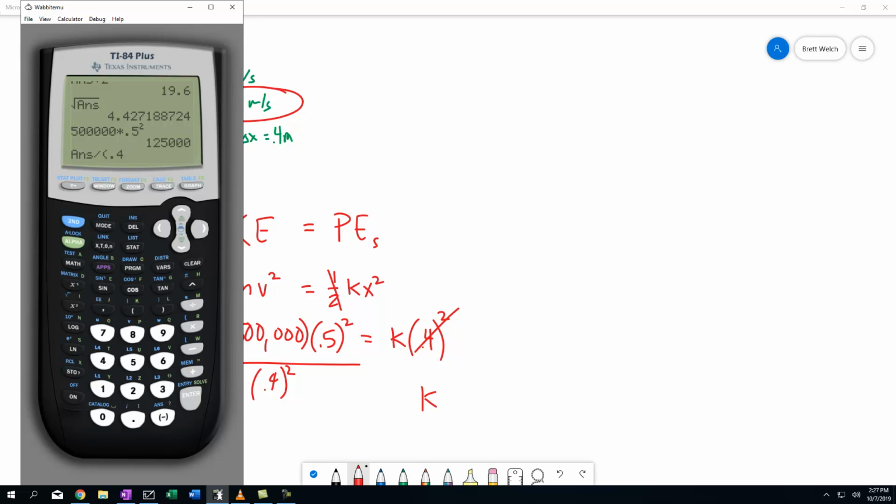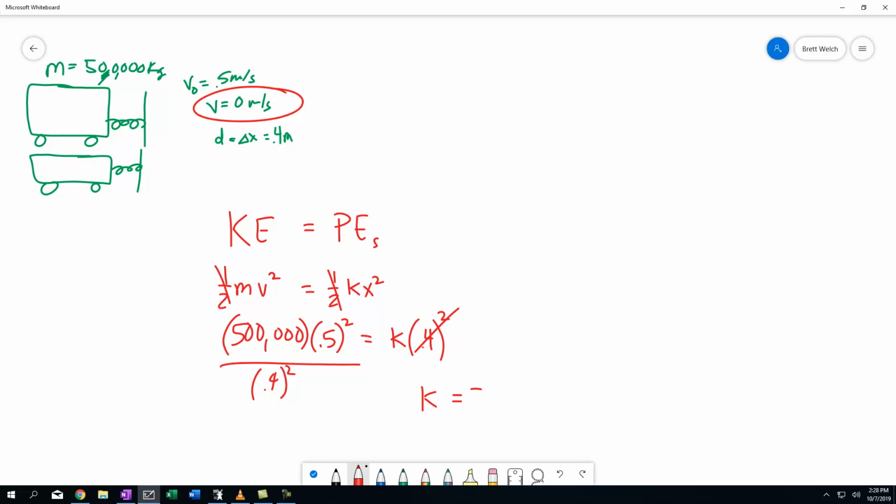I could do it on the outside of the parentheses; it doesn't really matter. If it was negative, it would matter a lot more. I'm just trying to enclose the denominator. If I do, I get a K value of 781,250. Now remember, these values were measured in newtons per meter. That's how we measure our stiffness constant.